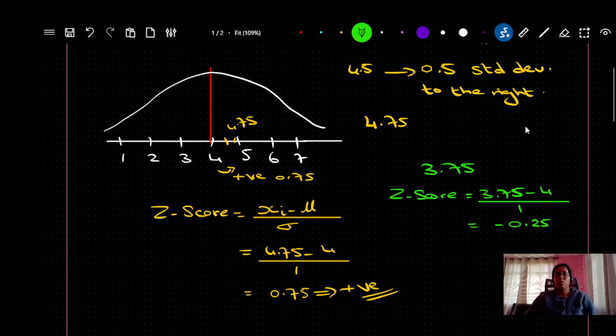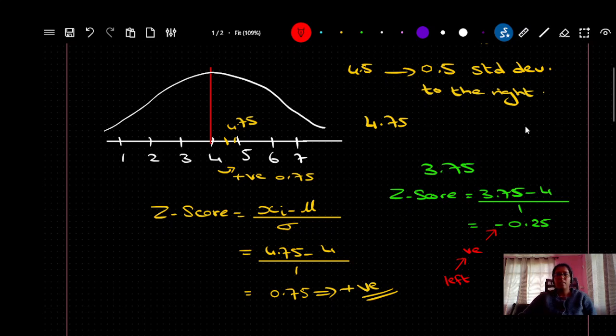So here you already get a clue. It is already a negative number. You can see it is a negative number. And if it is a negative number, obviously it is to the left.